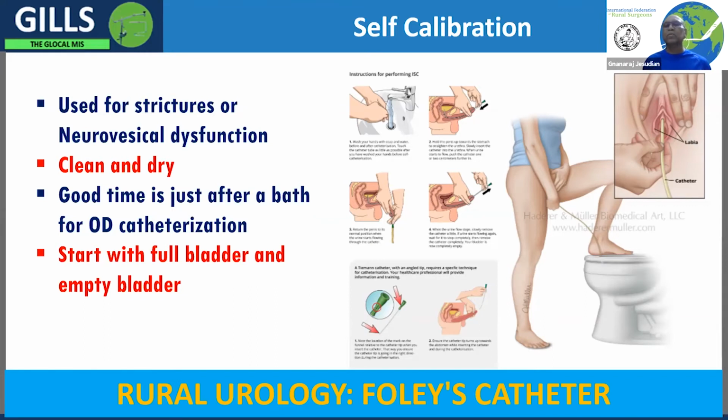The ideal time to do self-calibration is once a day after a bath, when everything is clean and there is sufficient privacy. A few things you need to remember: each time you do self-calibration, you introduce bacteria. So to reduce the number, the catheter has to be dry.